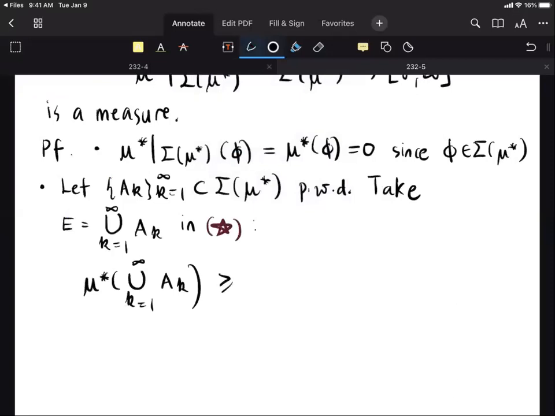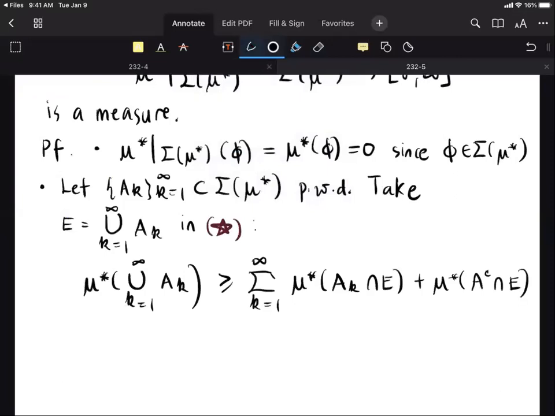This is greater or equal to, let us just copy the second term, the outer measure of A sub k intersection E plus the outer measure of the complement of A sub k intersection E.